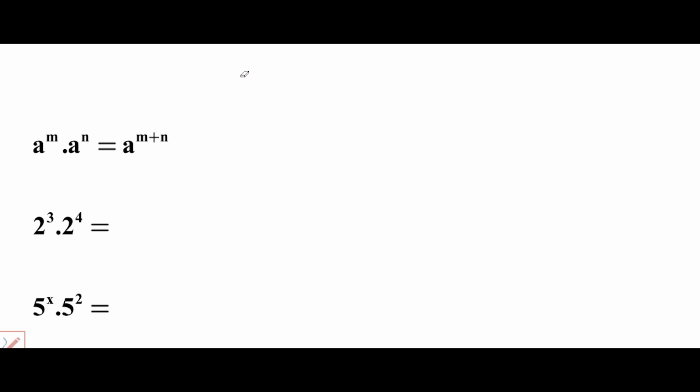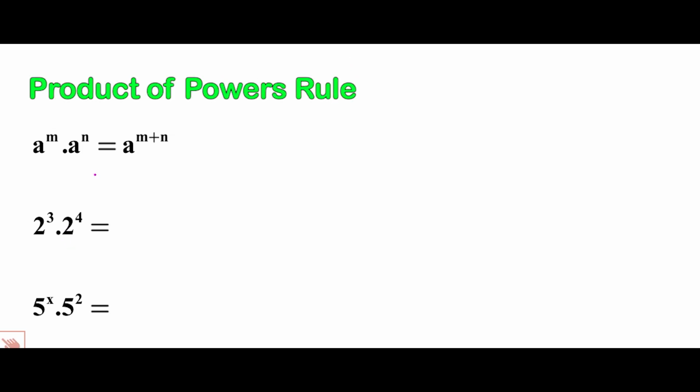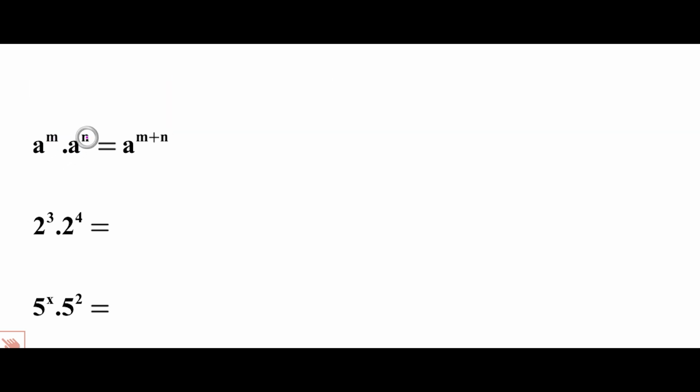Property 1. Product of powers rule. A to the power of m times a to the power of n equals a to the power of m plus n. It means when we multiply powers with the same base, we add the exponents. For example, 2 cubed times 2 to the power of 4 equals 2 to the power of 3 plus 4, which is 7.